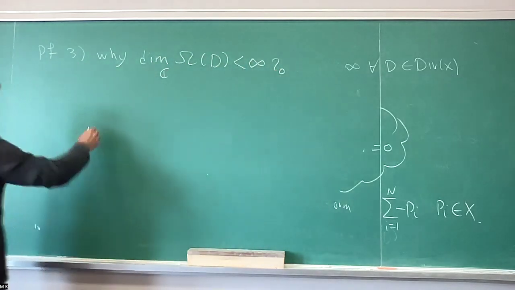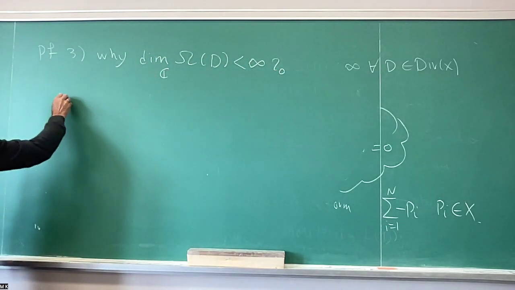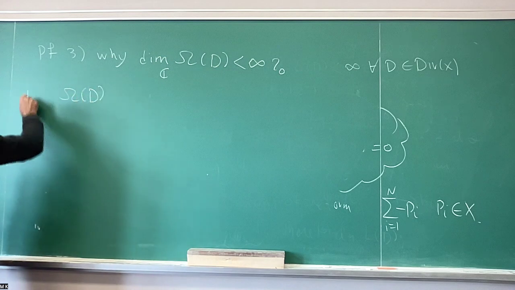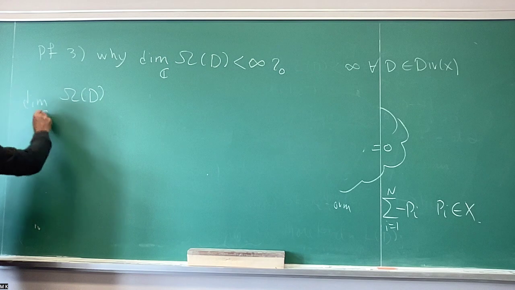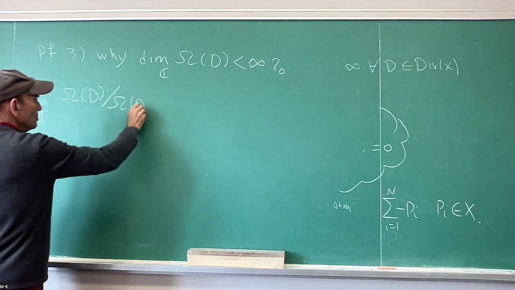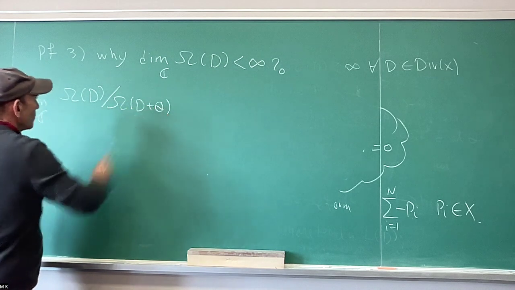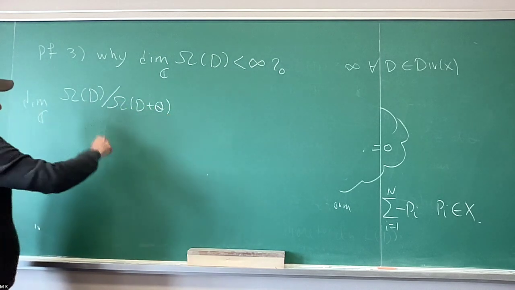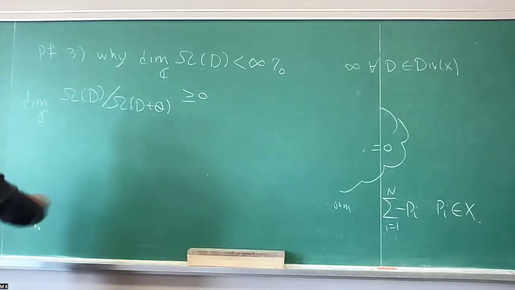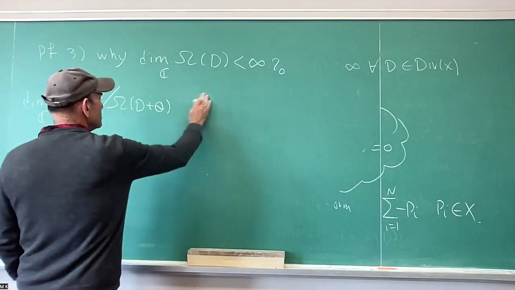In this case, what we do is the following. Now we know that the dimension over C of omega of D divided by omega of D plus Q is bigger than or equal to 0. Oh, again, less than or equal to 1, sorry. I was thinking about something else now.